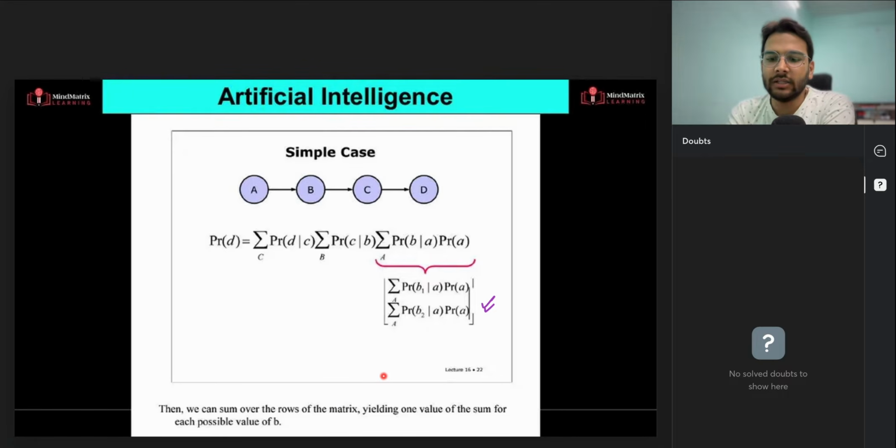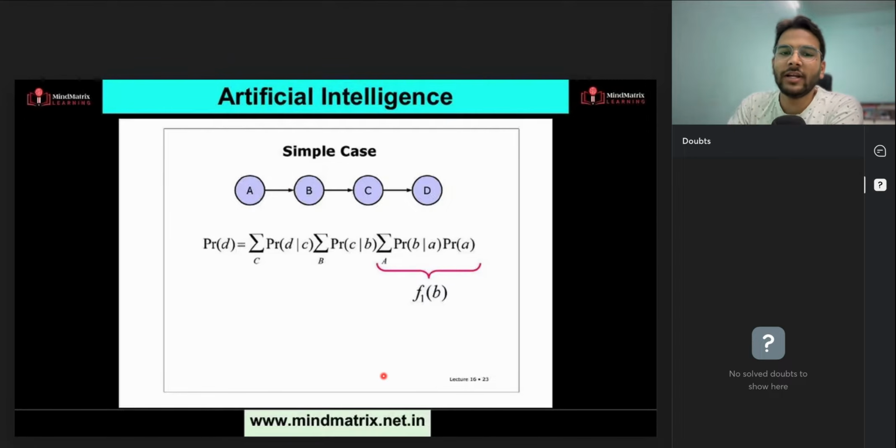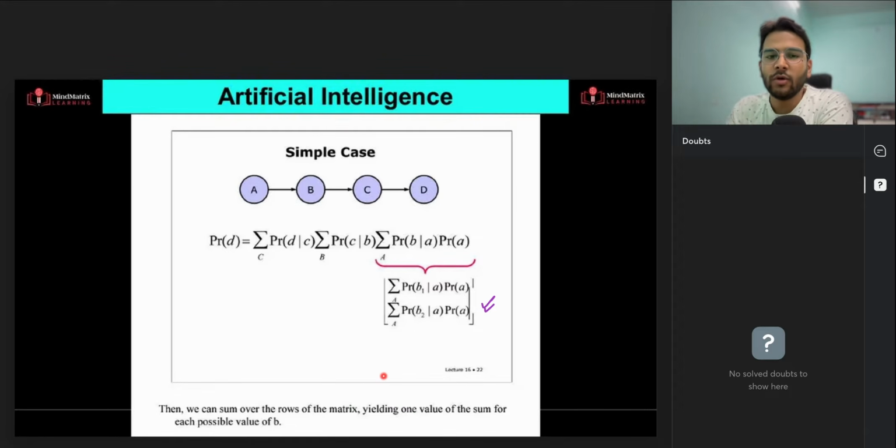Now this thing we can write further as F1(B), right? If you carefully observe what we are trying to do, I'm basically trying to eliminate the variable here. Now, how am I eliminating the variable? What is the intuition behind it?